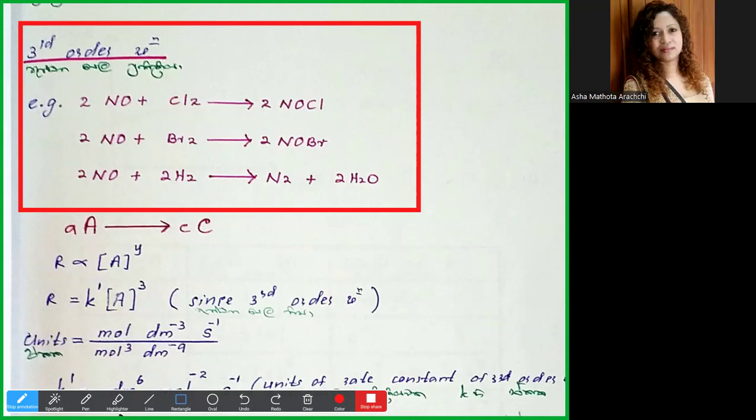Okay, then use a pencil to write this. This is your homework. Derive, in pencil, you're going to delete that later, okay? Derive the rate law for a third order reaction, and draw graphs.